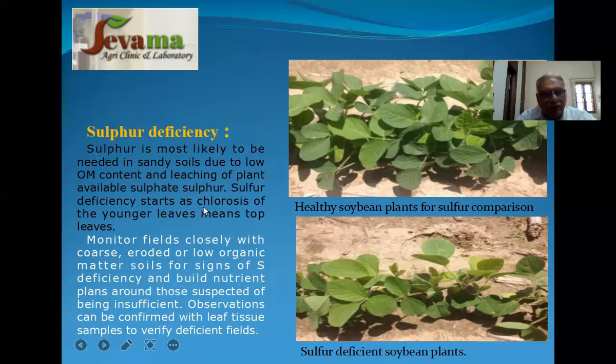Sulfur deficiency shows as chlorosis of the younger leaves, meaning top leaves. It is not observed in old leaves like nitrogen deficiency.